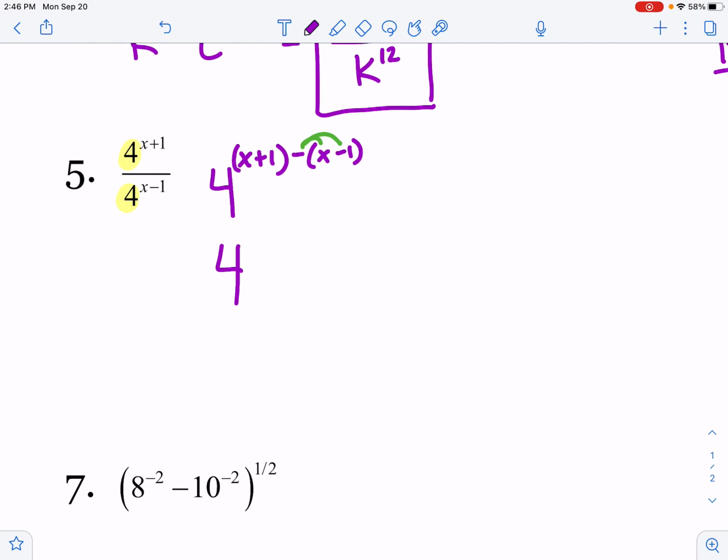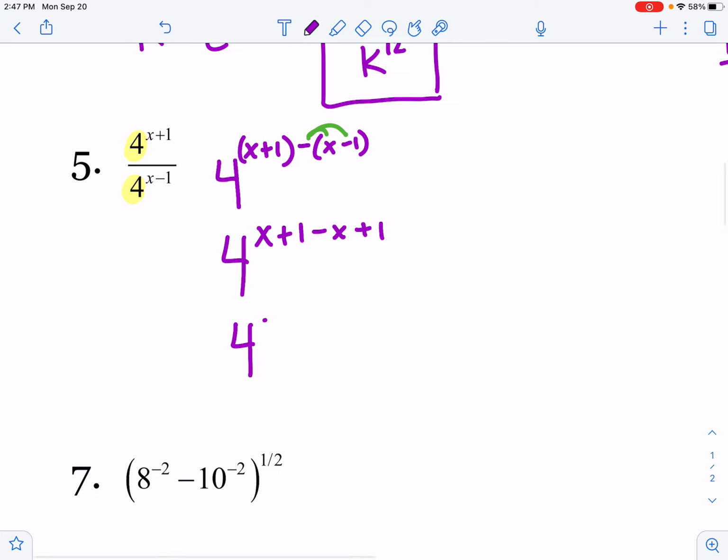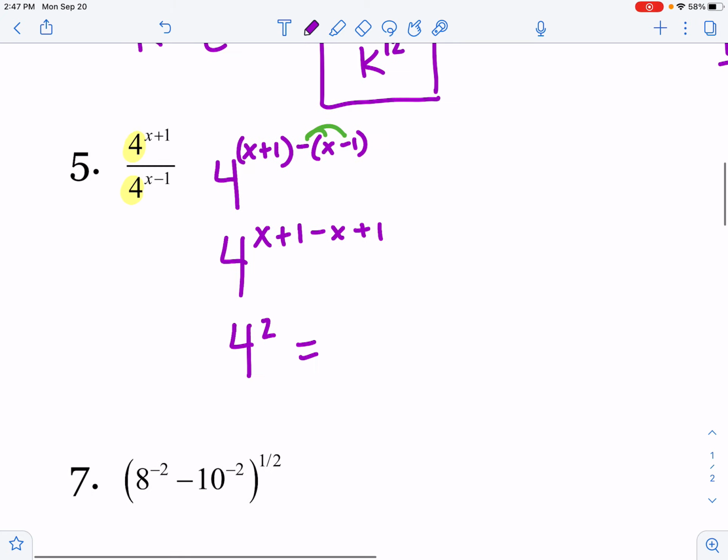So I'm going to end up with 4 to the x plus 1 minus x plus 1. So 4x minus x cancels, and then 1 plus 1 is 2. And we all know, hopefully, that 4 squared is 16.